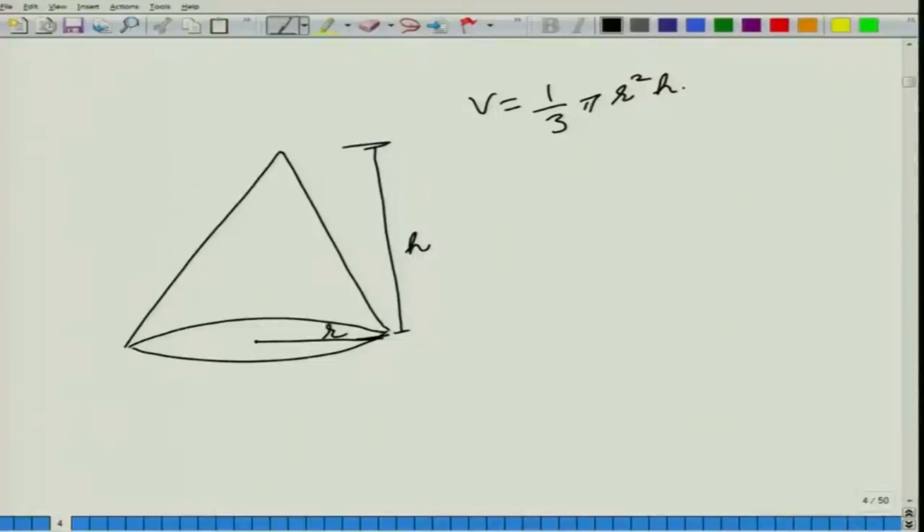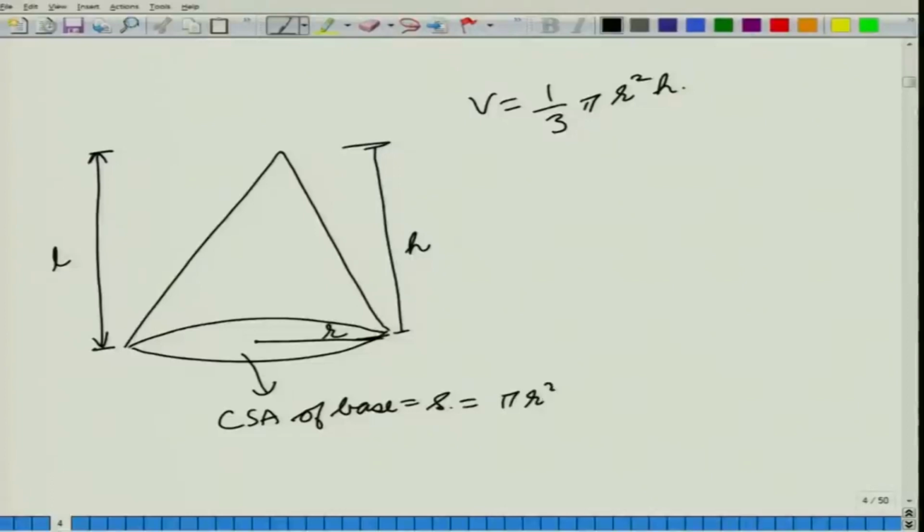Now, changing the notations, we can call the length of the solid as L and the cross sectional area of base as S. So, cross sectional area of base is given by pi r square. In this formula, we are replacing pi r square with S and h with L.